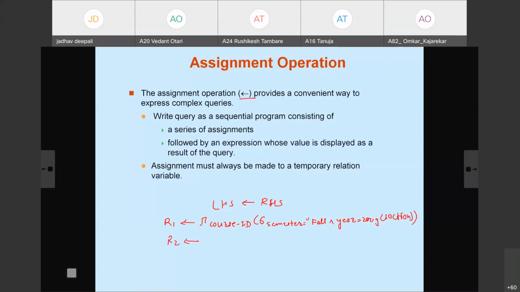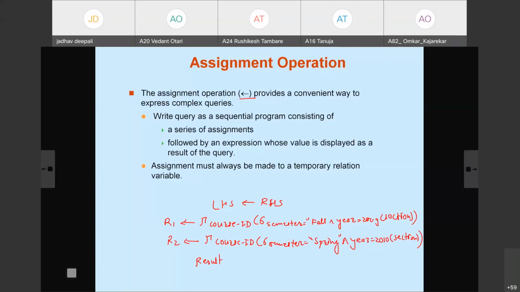It is for course ID, where semester is equal to spring and year is equal to 2010 from section. And I want the final result, the courses that were taught in both semesters.